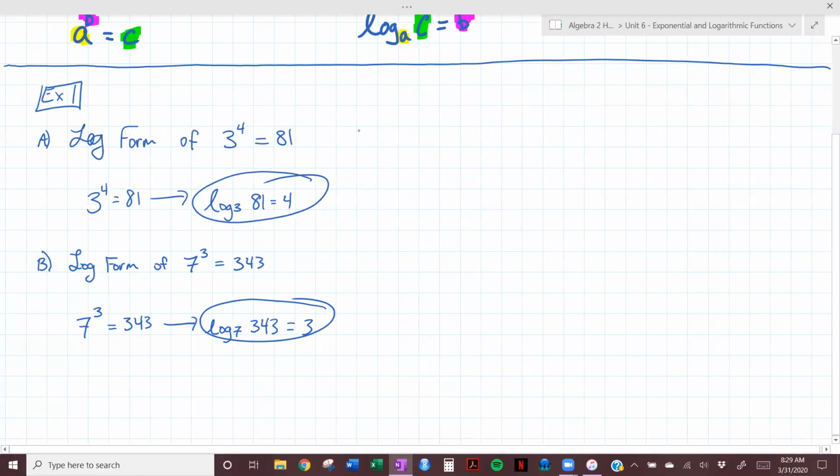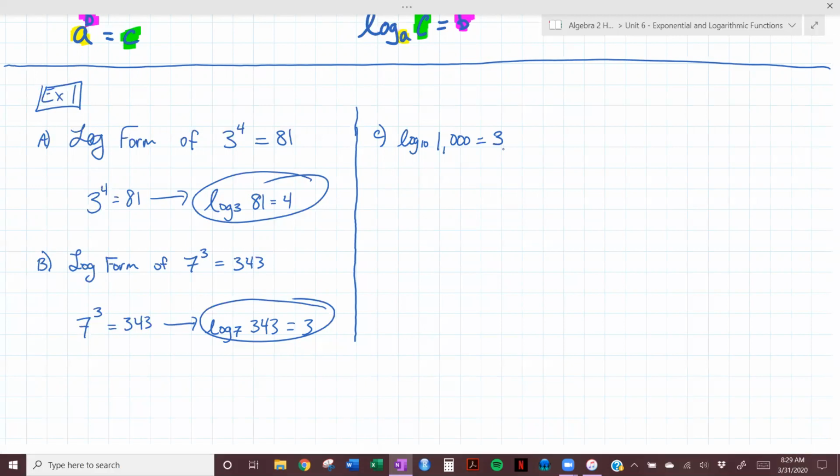Now, let's say instead of log form, we are going to exponential form. So we have this example where it is log base 10 of 1,000 equals 3. Our base is 10, our exponent is 3, and our result is 1,000.